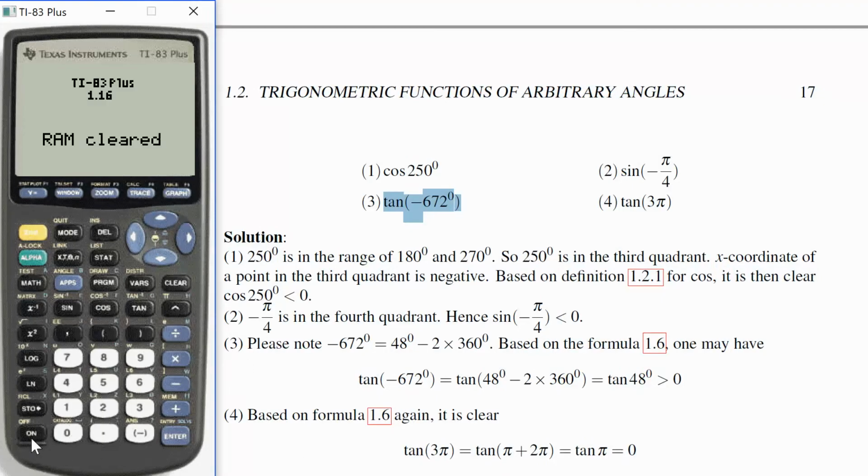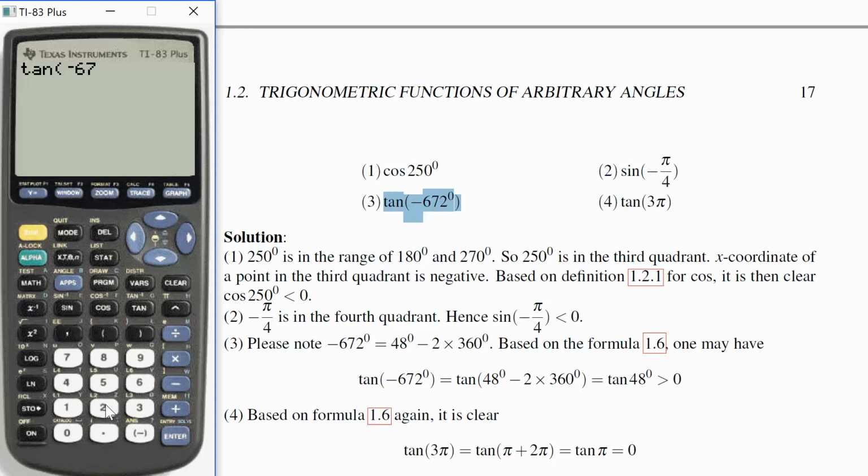You turn on your calculator and then you do tan, and input the negative sign, which is this key, not the minus sign, the negative key, then 672.